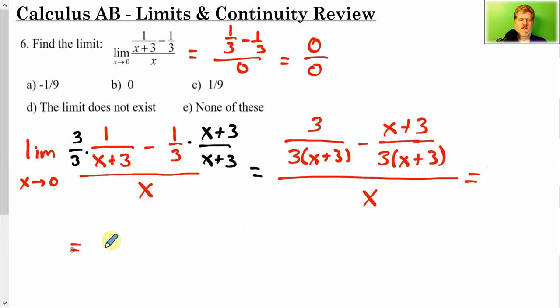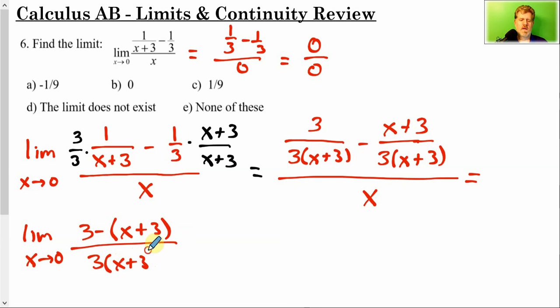Well, here very nicely, three minus the quantity x plus 3, over the common denominator, all over x. So 3 minus x minus 3, this 3 and this 3 will subtract away.